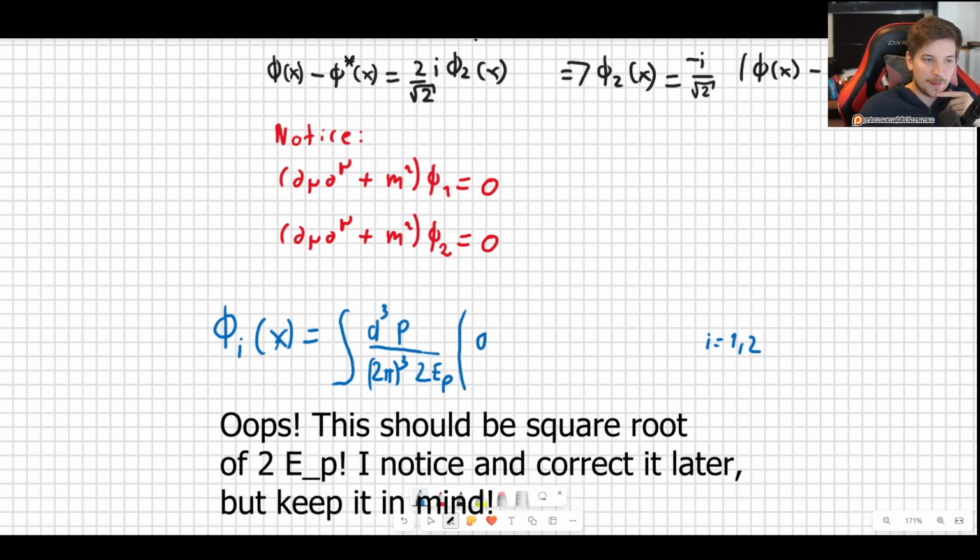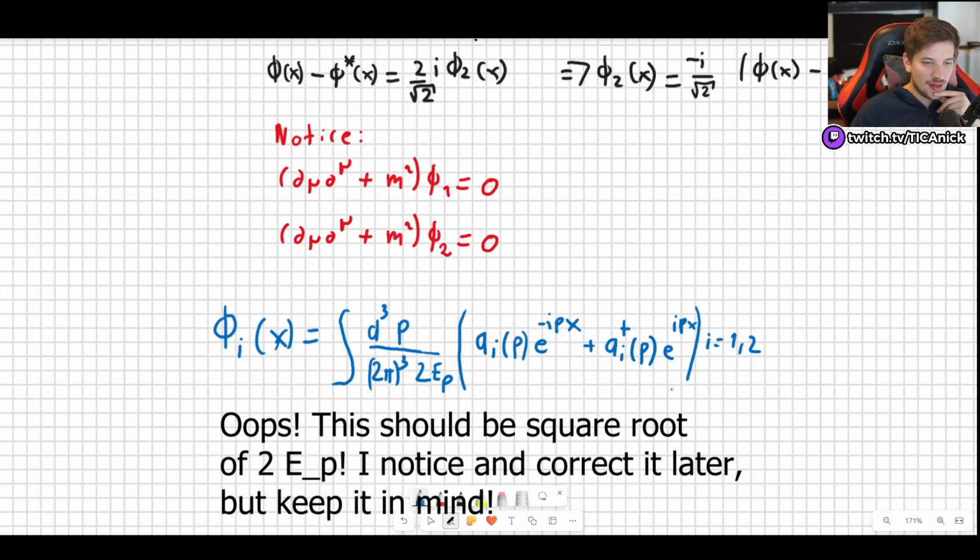So we're going to have a_i, just in general for 1 or 2. This is of course going to be dependent on p, e to the minus ipx. Again, you could see this written as ikx. It's just a matter of notation. And then we get plus a_i dagger of p e to the ipx.